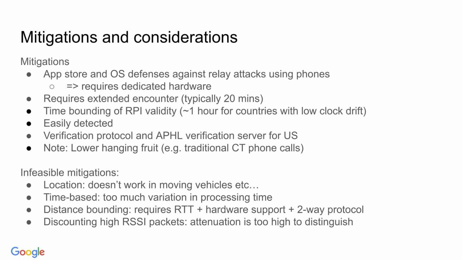We looked at distance bounding, which effectively uses the speed of light to ensure that the creator of the RPI is sufficiently nearby. But this requires specialized hardware that's not present in most smartphones, and a two-way protocol, which makes it infeasible.